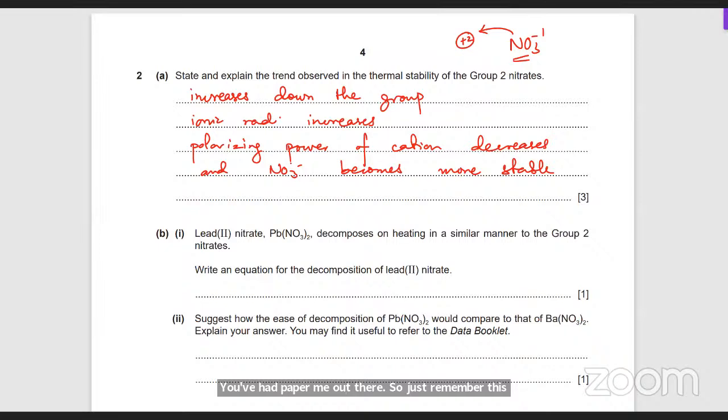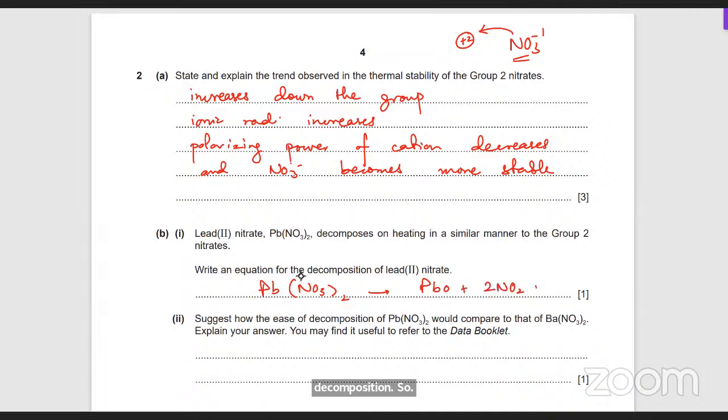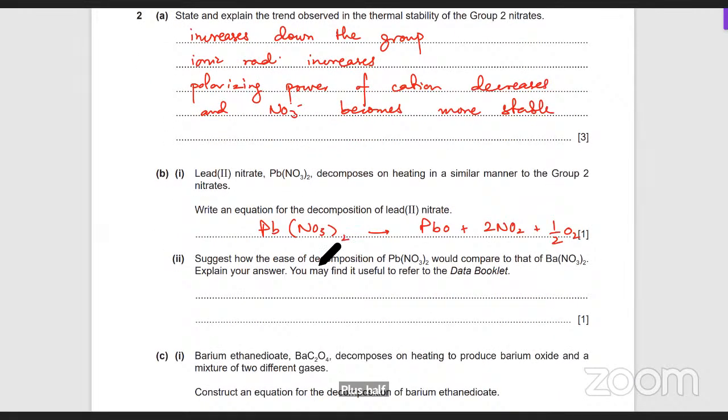Now the other part: lead(II) nitrate decomposes on heating in a similar manner to group 2 nitrates. Write an equation for the thermal decomposition. It's going to form lead oxide plus 2NO2 plus half O2. Suggest how the ease of decomposition of lead nitrate would compare to that of barium nitrate, and explain your answer.